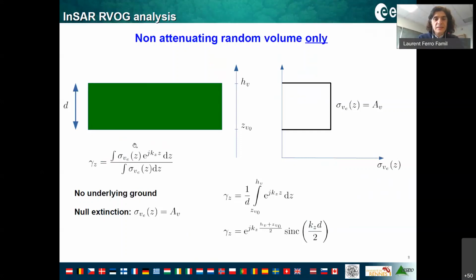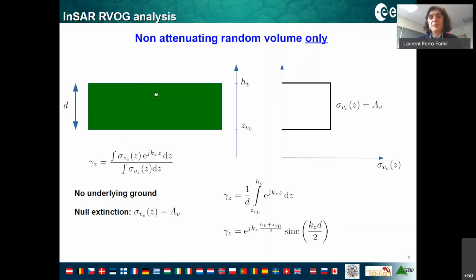So let's say we have a volume which lies between two coordinates in elevation, and it has then a width. And this volume is particular, again, it's idealized. We have no extinction. So the wave propagates through the volume without being attenuated, but we have some scattering.